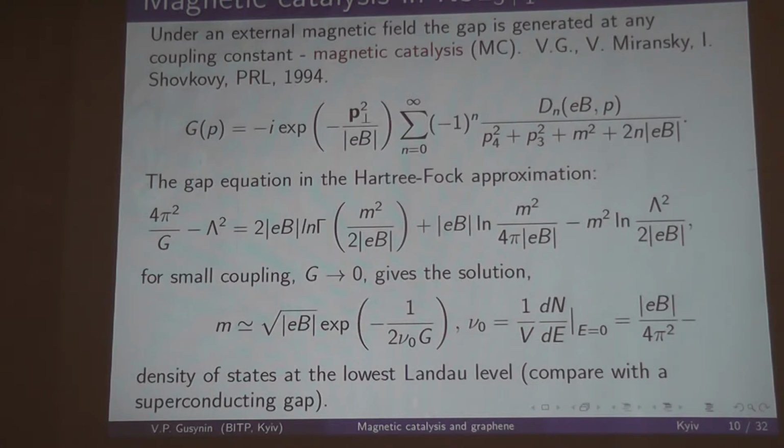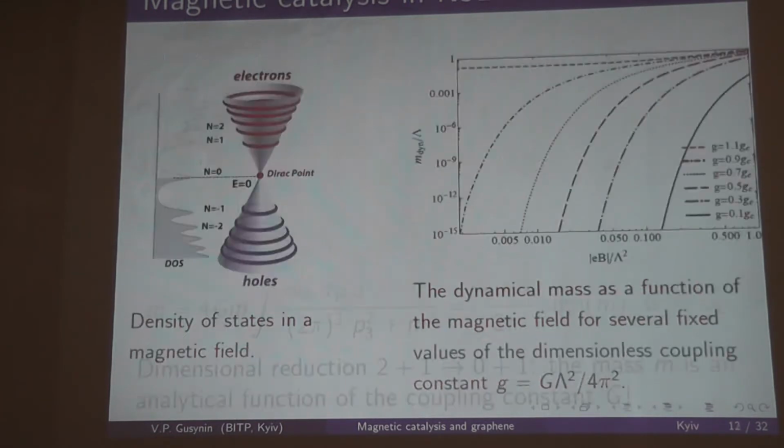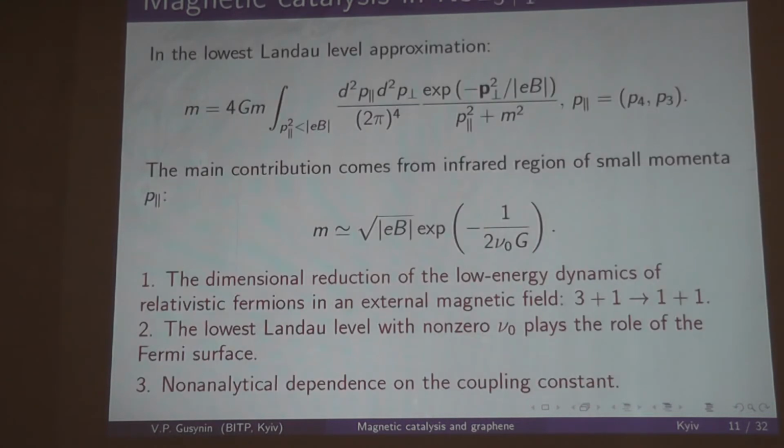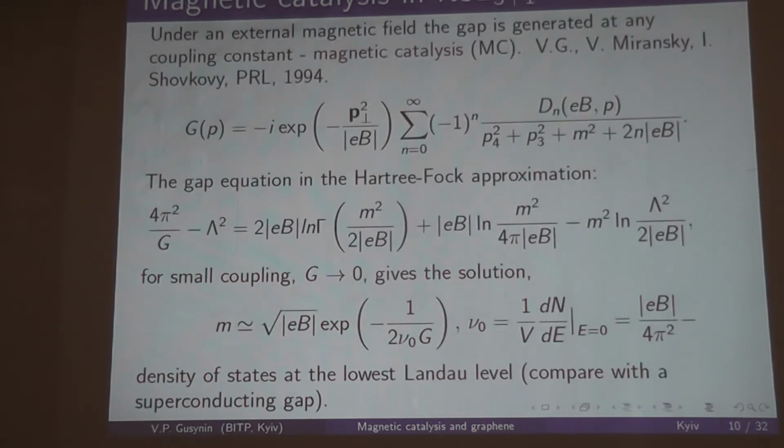Here, Landau levels, with the zero Landau level, have non-trivial density. This is the density of Landau levels which enters this formula. So you see a complete analogy with superconductivity.